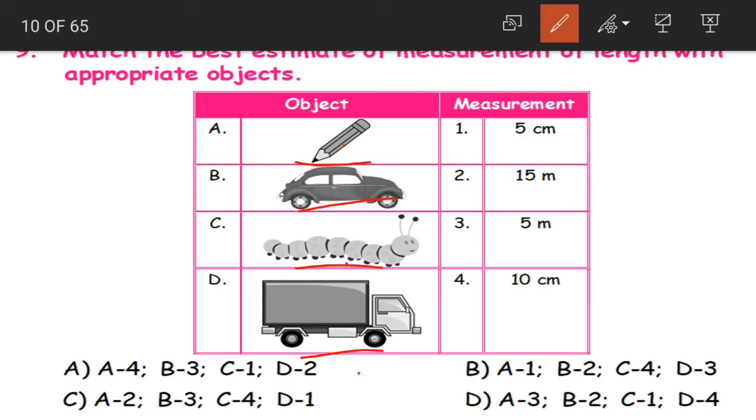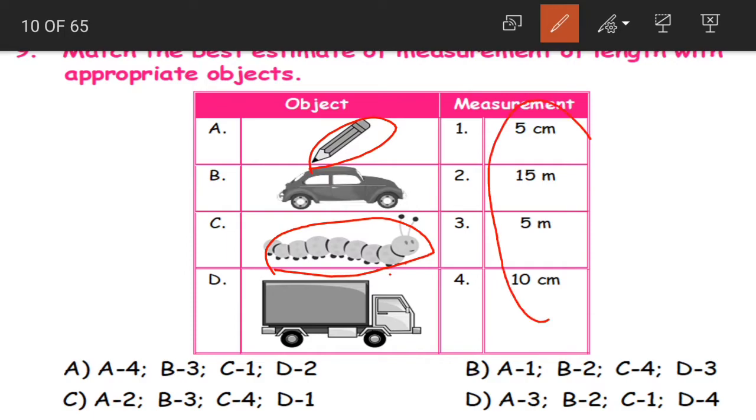Now from these 4 objects, which has the shortest length, children? Is it a pencil or a caterpillar? Caterpillar has the shortest length. If you have ever seen a caterpillar, it would be very small compared to a pencil. So here the caterpillar is the smallest object.